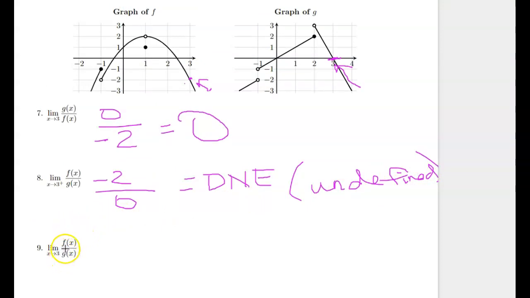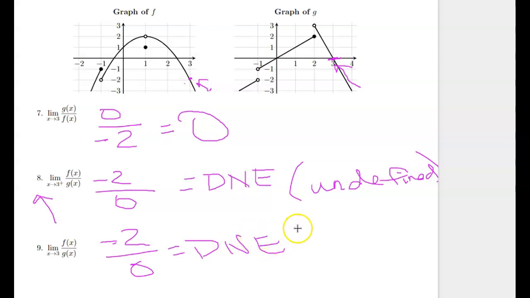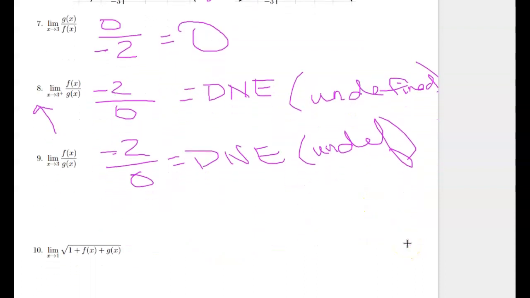Then we kind of just talked about it on number 8. This 3 from above, it would have made sense if it was 2 from above. They picked 3. So since 3 is not where it's broken, that's going to be the same answer as number 8 was. Okay? So negative 2 over 0, same answer. Okay. And our last one. So this one, well, we've got a square root.